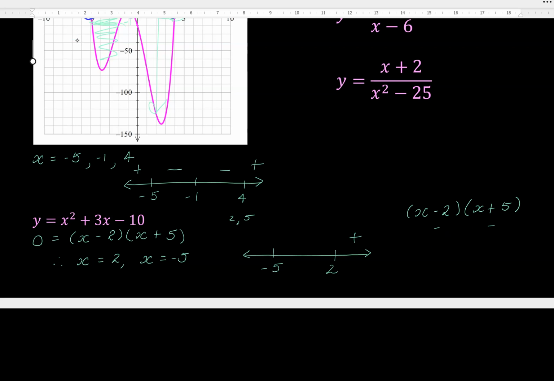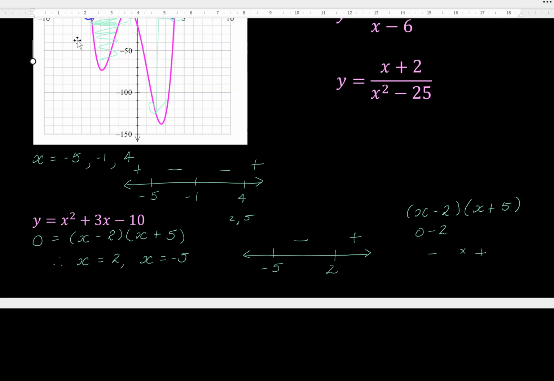Now I pick a value between 2 and -5, any one you want: -1, 1, 0. You could go -2.5 if you wanted to, but I'm going to keep it simple and choose 0. If x is 0, 0 take 2 is a negative answer, 0 plus 5 is a positive answer. What's a negative times a positive?